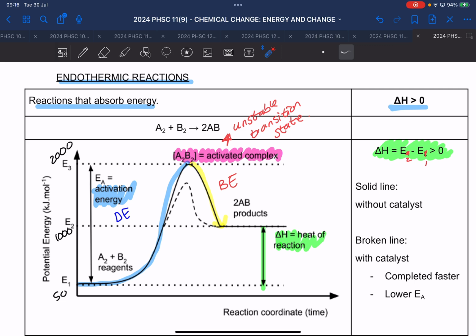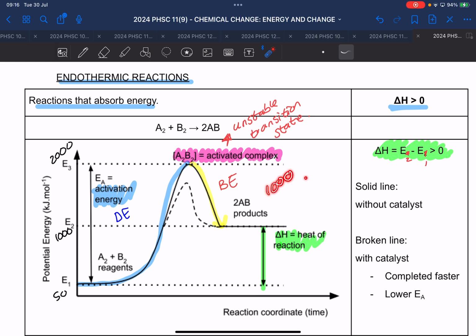No, for the reverse, this is the forward reaction. This is the reverse reaction. Activation energy is from the start to your highest point. So from your start to your highest point, where did we start? 1,000. Highest point was 2,000, so the activation energy will be 1,000.